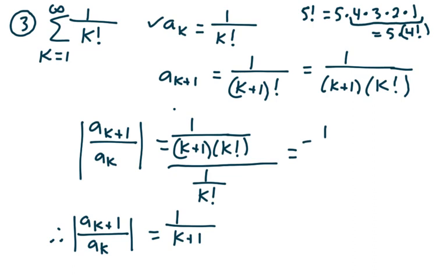But we can write this as 1 over (k+1) times k factorial, okay? And we could times this by k factorial divided by 1. But notice how the k factorials cancel. And so what that tells me is the absolute value of a sub k+1 over a sub k is 1 over k+1.